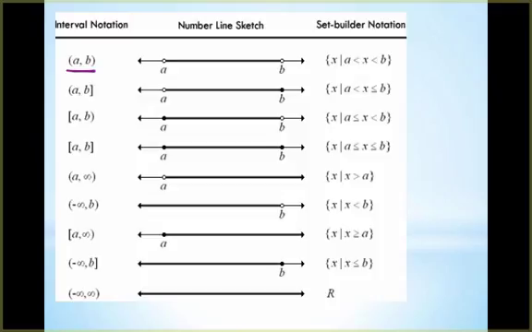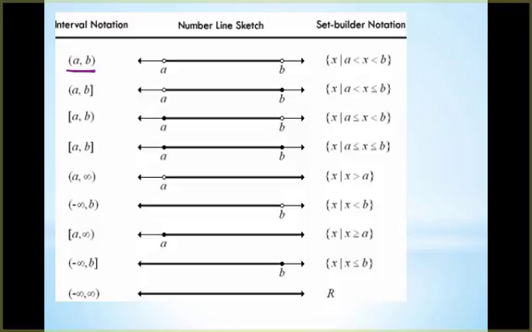And if you have parentheses, it means that it is not including those points. So parentheses are non-inclusive. And if you have a bracket, those are inclusive. It means that you can use those points as points in your interval. So what we have here is 3 different ways to represent the same sets of numbers.